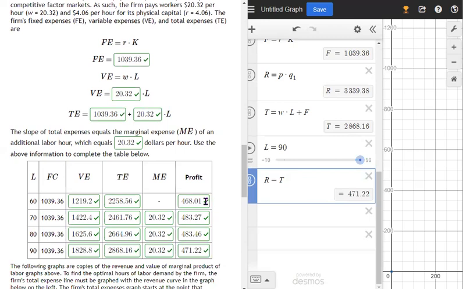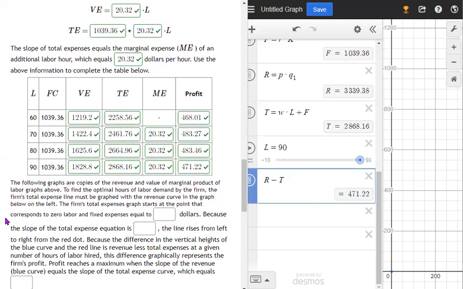So it looks like my profit is rising, 468 to 483, still kind of rising, and then declines to 471.22. So the firm's profits are going to be maximized at some labor hours, probably between 70 and 90 somewhere.